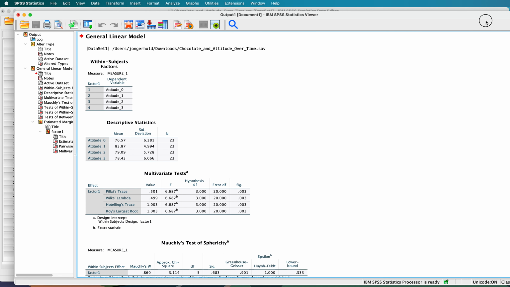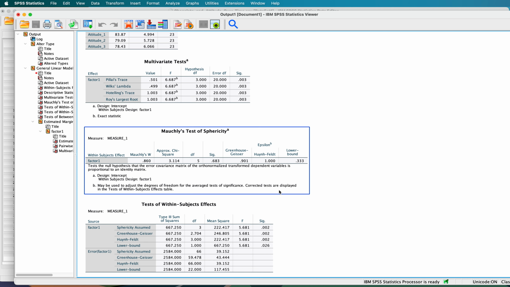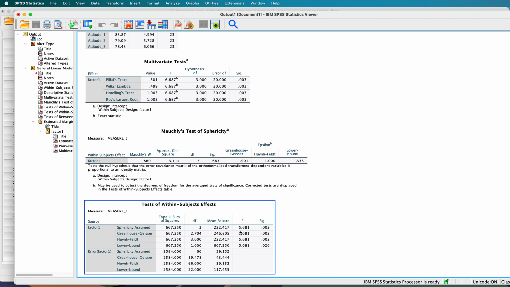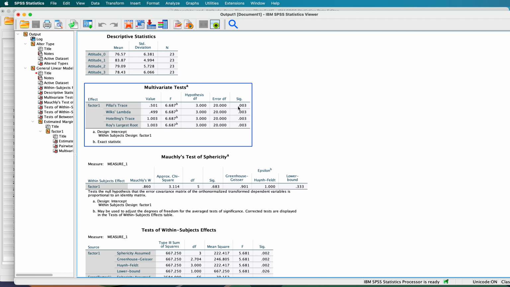Alright, so our data is right here. So I'm going to scroll down to Mauchly's test, and then I'm going to look right here.